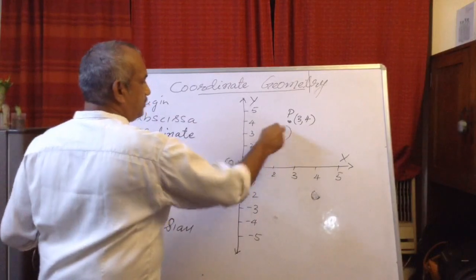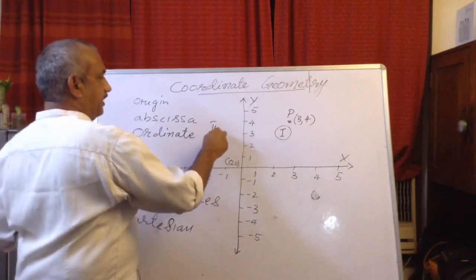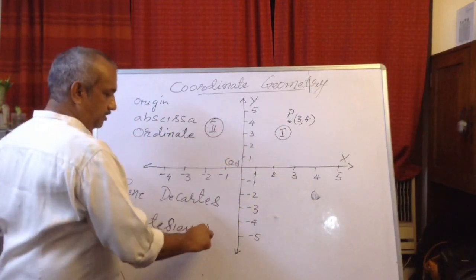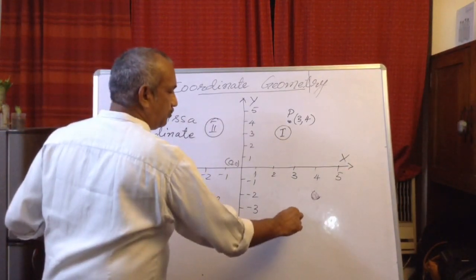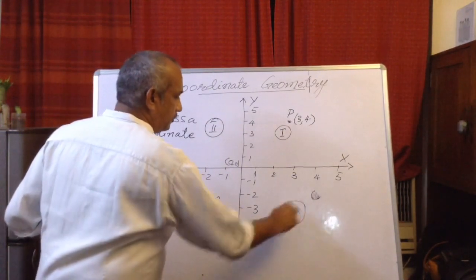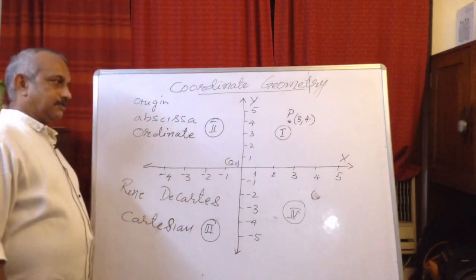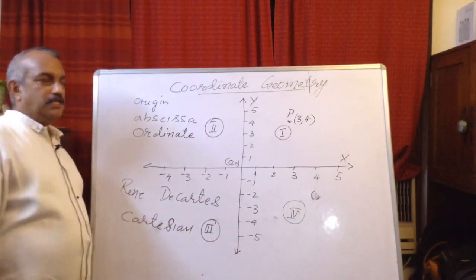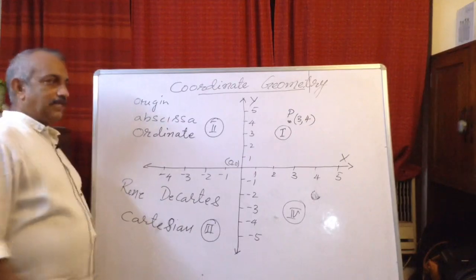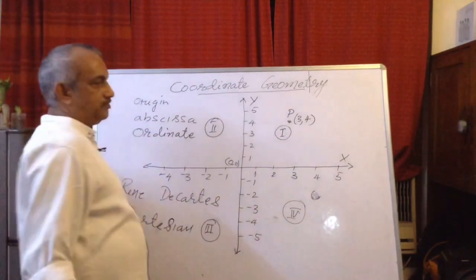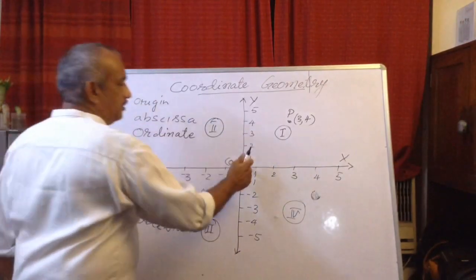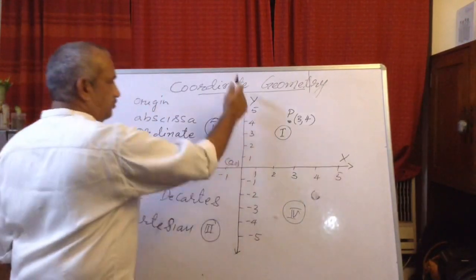This is called the first quadrant. This is the second quadrant. This one is the third quadrant, and this one is the fourth quadrant. So the two axes divide the plane into 4 quadrants, numbered 1, 2, 3, 4. Now what is the speciality? In this one, x is positive, y is positive.